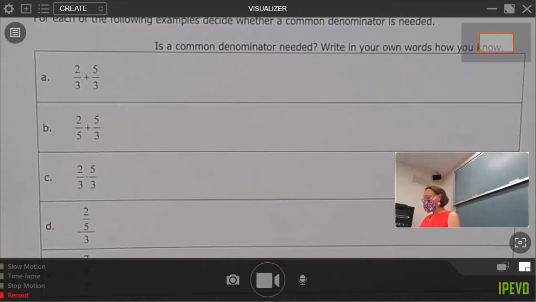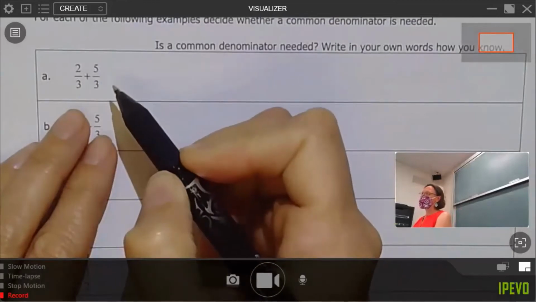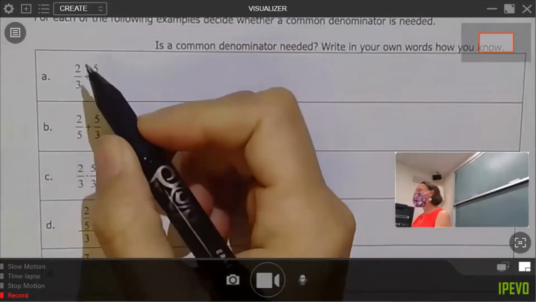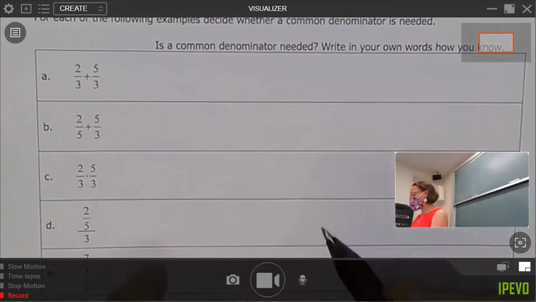So if I look at A, I've got 2/3 plus 5/3. They both have fractions that are over 3, which means they both have a size of a piece that is 1/3. They're already the same size piece. In order to complete addition, I would need a common denominator, but we've already got one. So I can just add these pieces together.